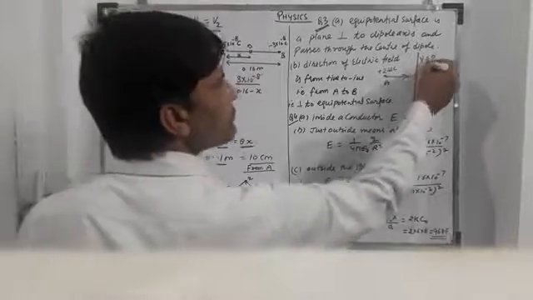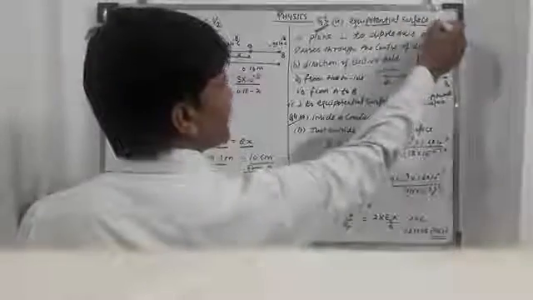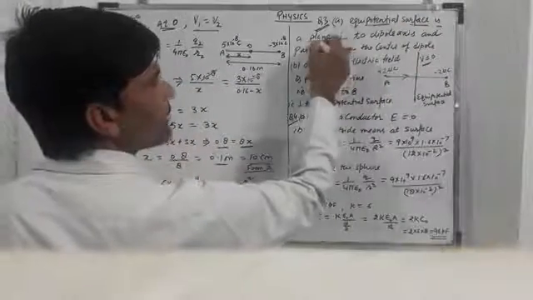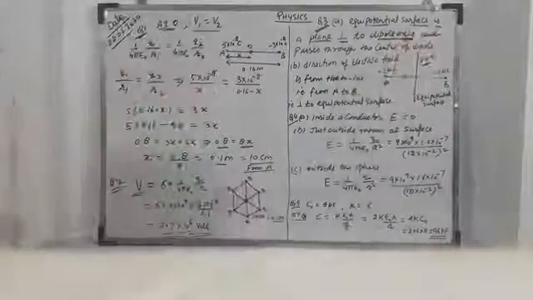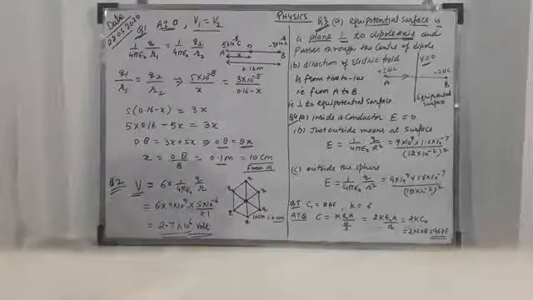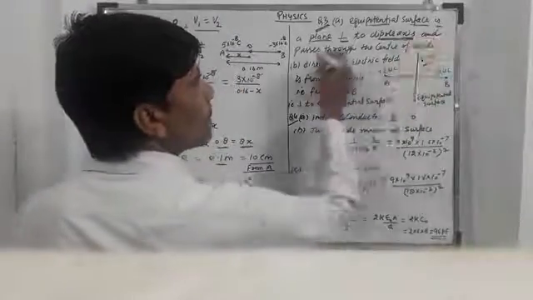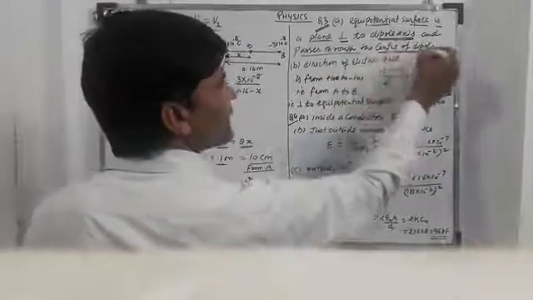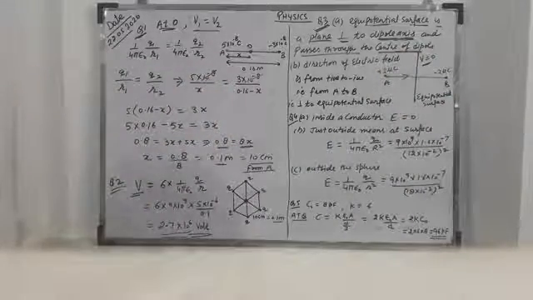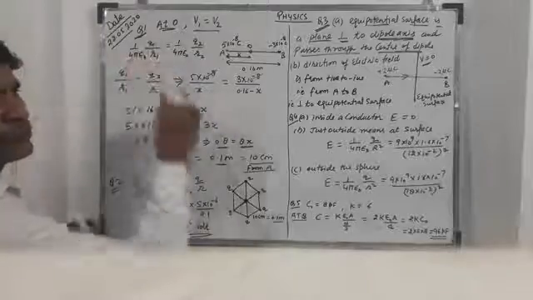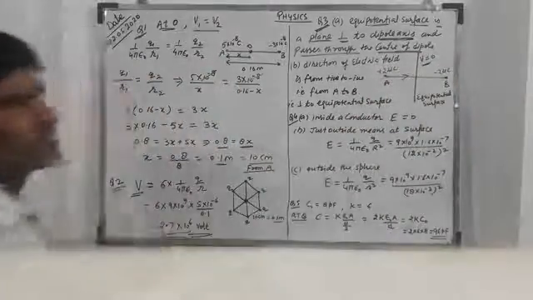The equipotential surface is a plane perpendicular to the dipole axis, passing through the center of the dipole. This is similar to the first question, but the difference is there are equal and opposite charges.